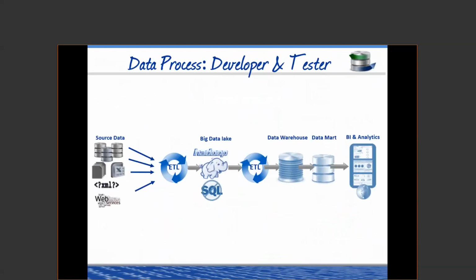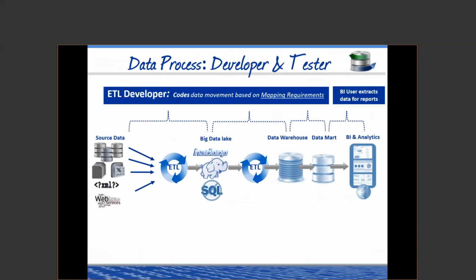From a process standpoint, if you take a look at the data sources all the way on the left, that data will make its way through this simplified data architecture until it eventually gets to the BI reports. Well, how does that data move from component to component? We know that developers will take some type of requirement or mapping document and will script something or use some type of product that will move the data from one system to the other and transform that data if necessary to fit into the new schema.